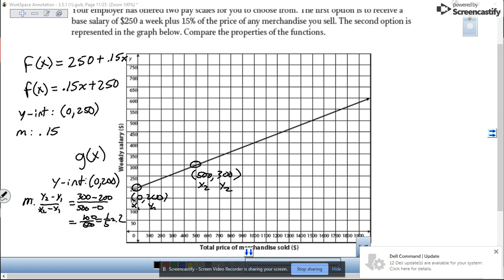So if you wanted to plot that, you start at 250, okay? And then how could I graph that based on what I have here? Well, 0.15 would be 15 out of 100, okay?